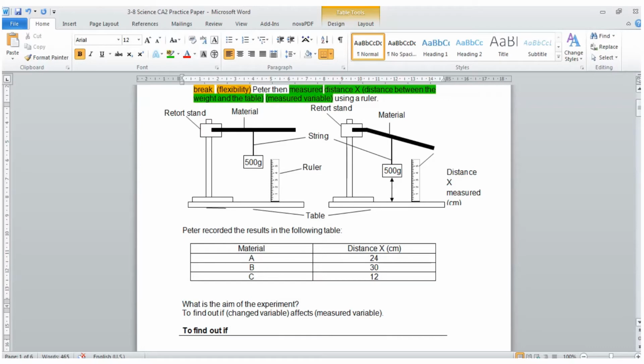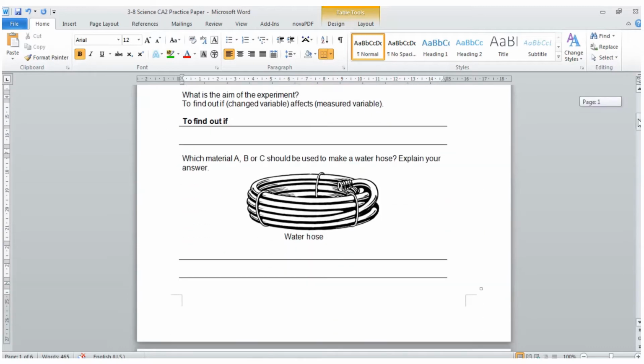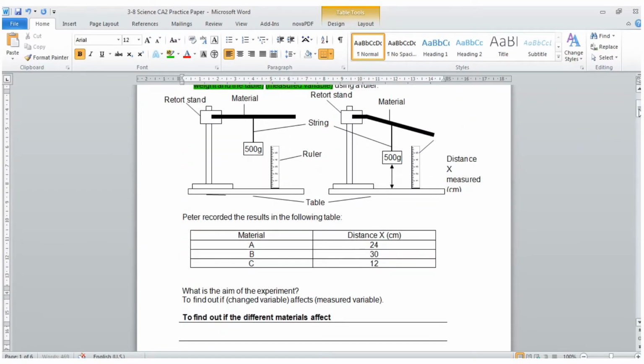So we know from our data, let's move up again and see. Change variable here is the different materials. So let's write, to find out if the different materials affect the measured variable. In this case, what is the measured variable that we have identified?